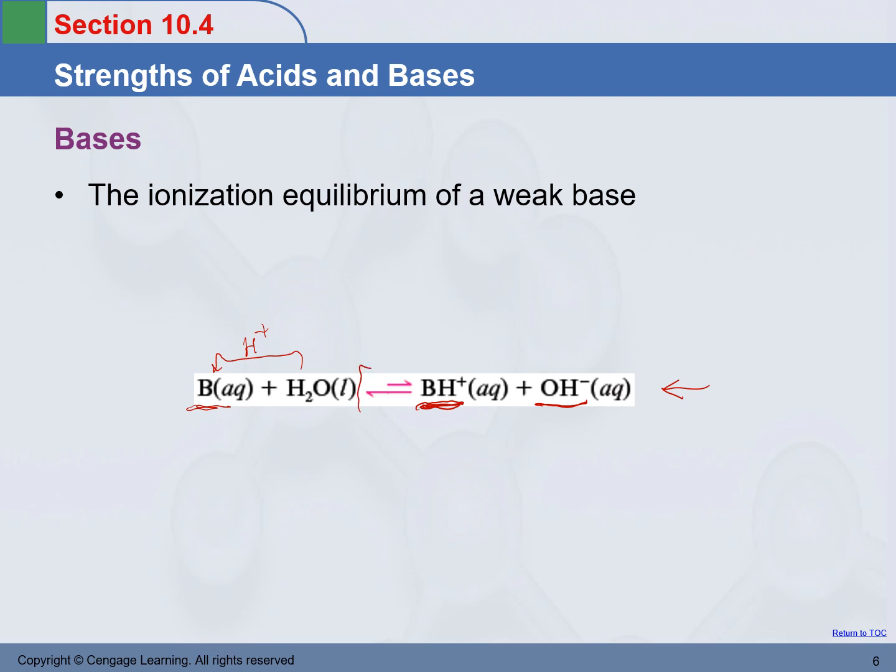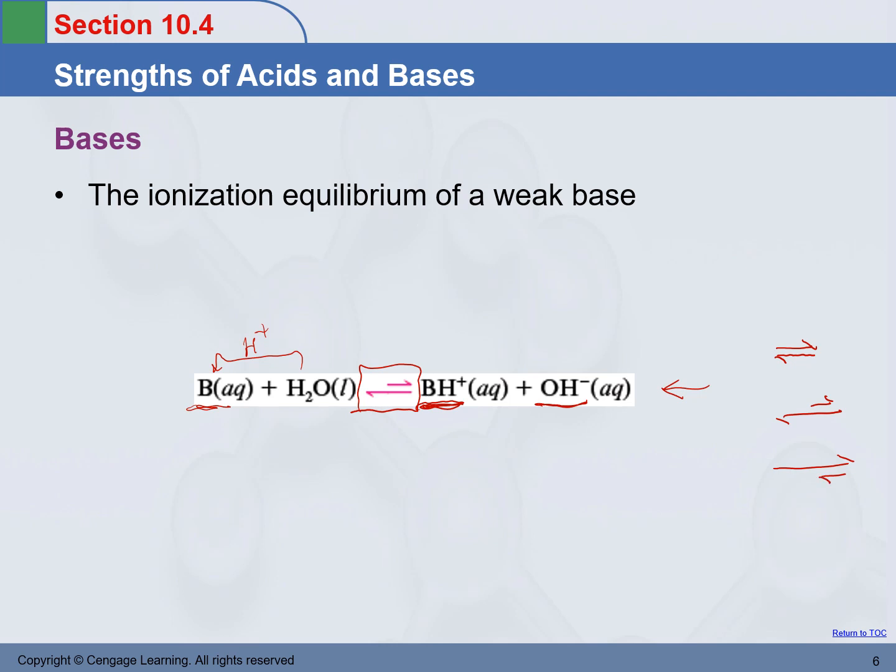Wait a minute. The equilibrium sign, this is probably the first time we see this. Okay. Usually the equilibrium symbol is like that. Well, sometimes you're going to see this. Sometimes you're going to see that.